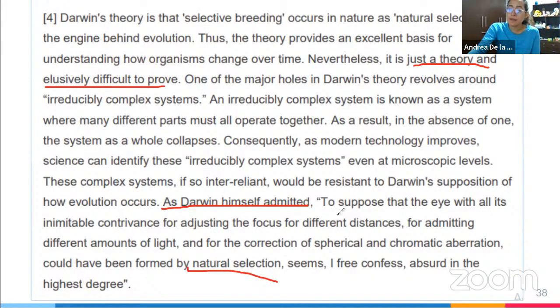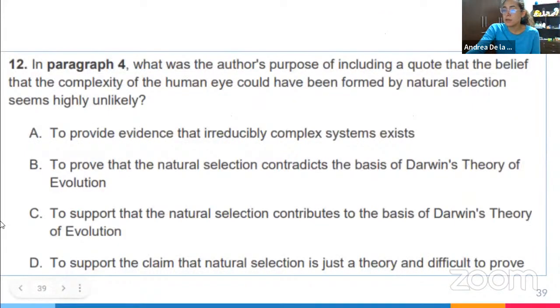He says, yes, I admit that to suppose that the eye was formed by natural selection seems absurd. So that's one of the holes in his theory, and he himself admitted that. So the reason why the author includes this quote is to support that idea, right? That this is just a theory, it has holes and it's difficult to prove. And in that case, as you guys said, it will have to be option D.